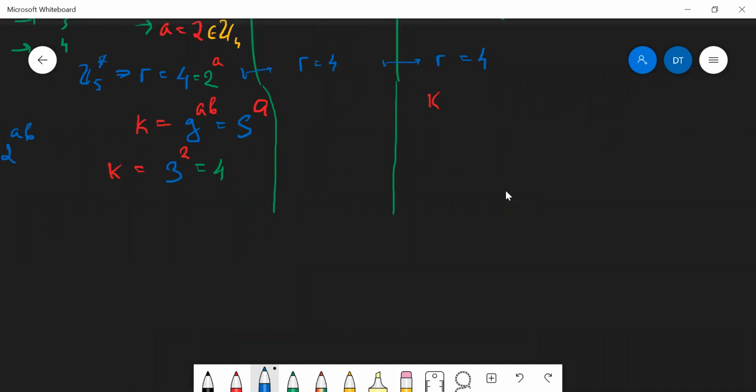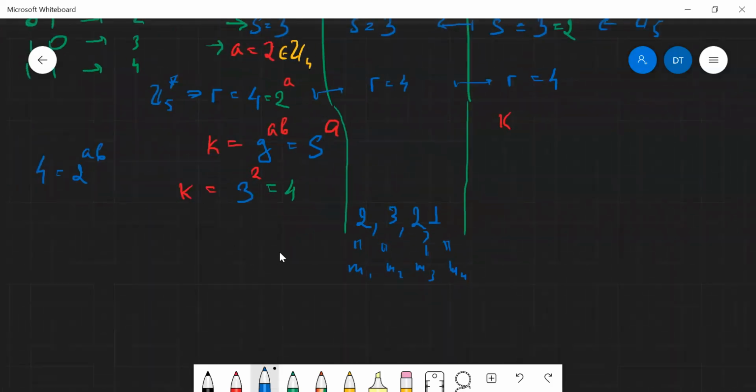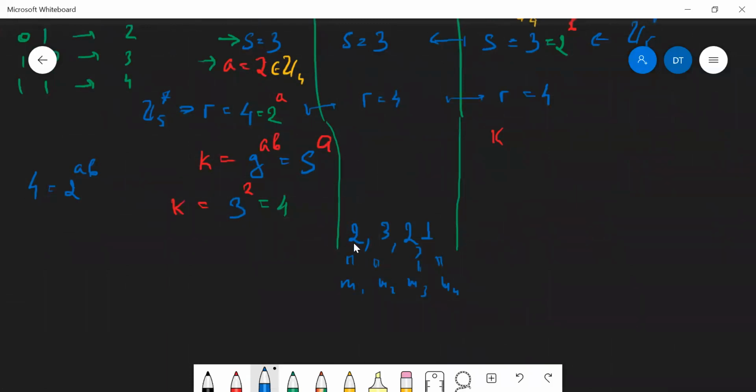We were getting a sequence 2, 3, 2, 1. This is an encrypted sequence of elements of the group M1, M2, M3, and M4. I want you to decrypt this message.